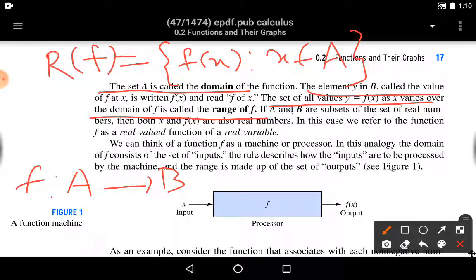If A and B are subsets of real numbers, then both x and f of x are real numbers, and then f is called a real valued function of a real variable. Okay.